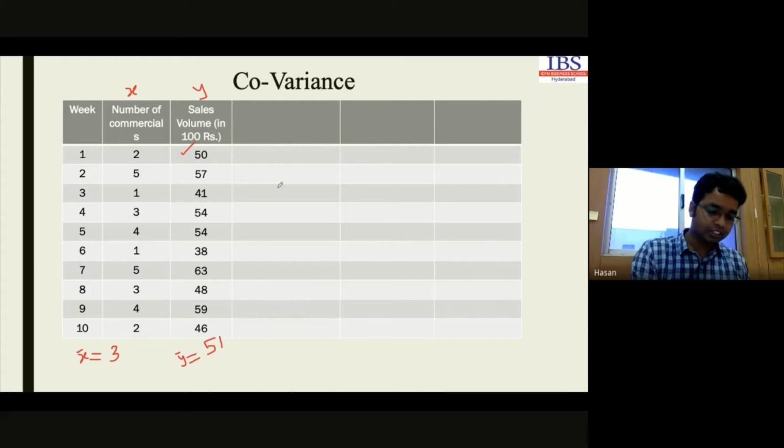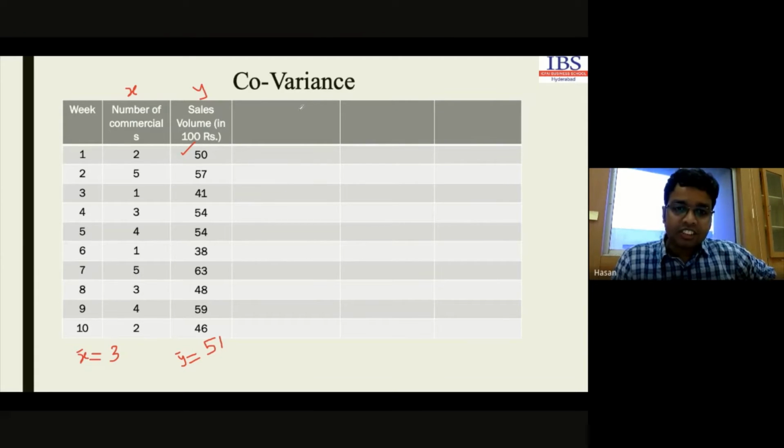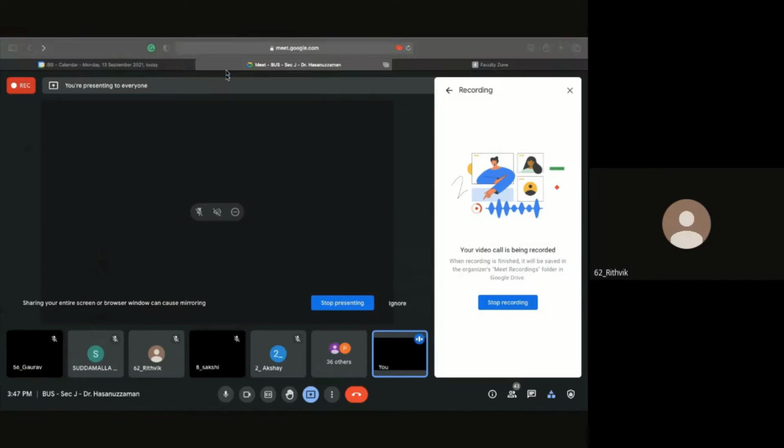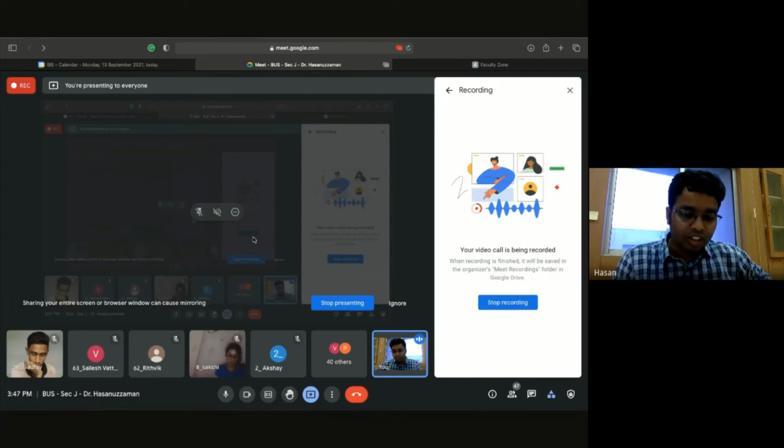It is 51 from my side. What about others? Everyone, are you solving this one? 51, everyone got it?